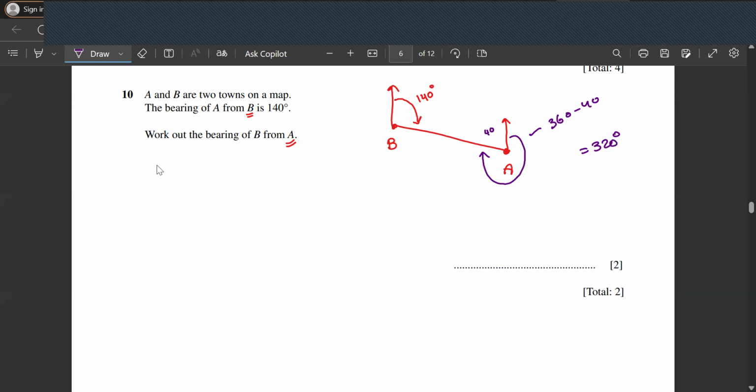If the given angle is smaller than 180, directly add 180. The answer will be 320.